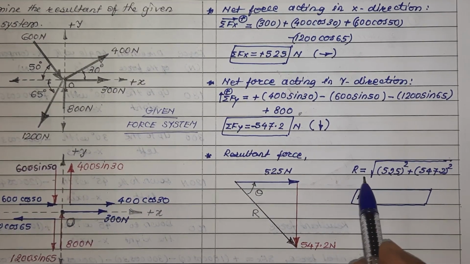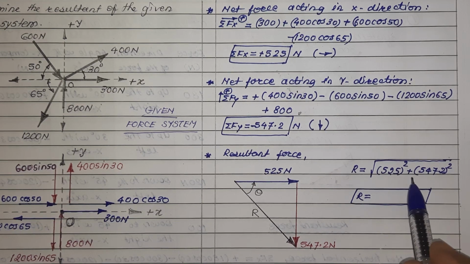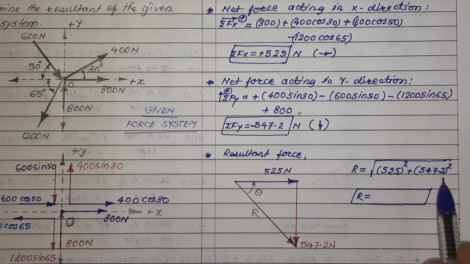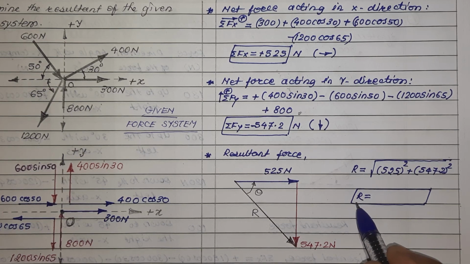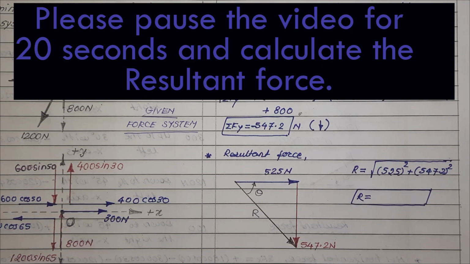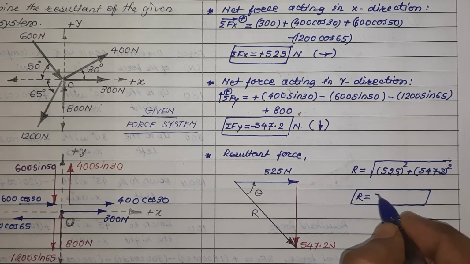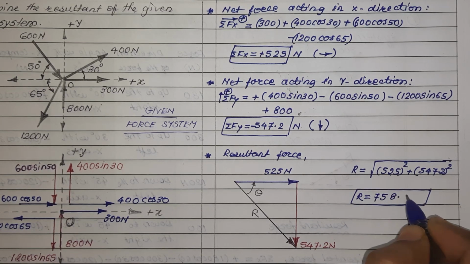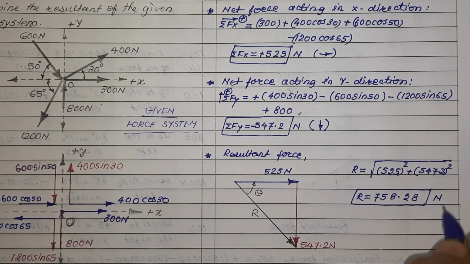Thus R is equal to under root of square of 525 plus square of 547.2. Thus we find out R. R comes out to be 758.28 Newton.